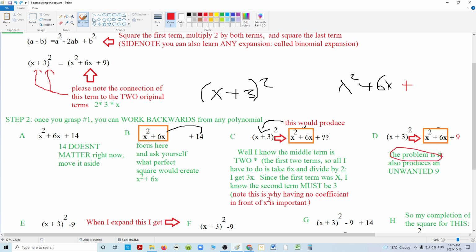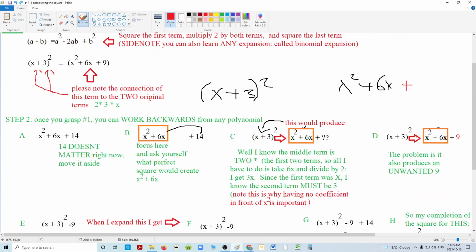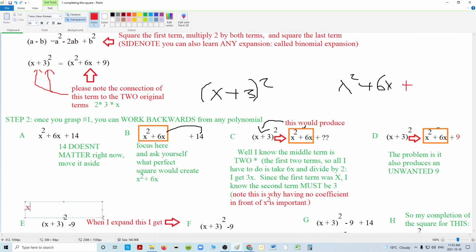The problem is, when I expand x plus 3 squared, it also produces an unwanted 9. Okay, so next step. If I take x plus 3 squared, I end up with x squared, and I'll put in green what I want. I want the x squared plus 6x, but I end up with this unwanted plus 9.